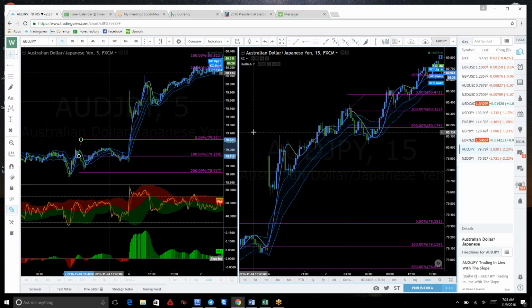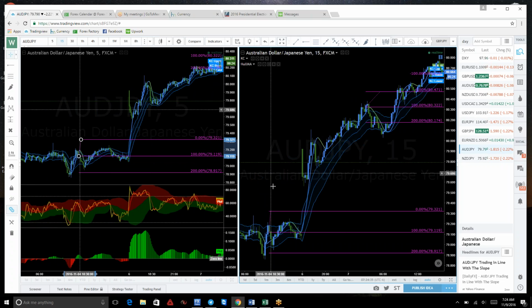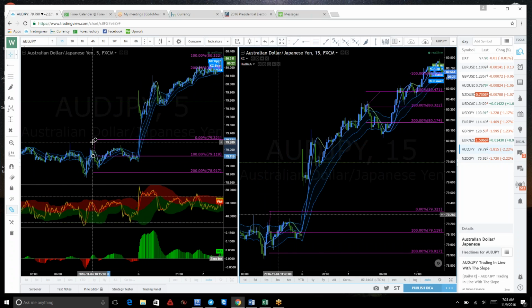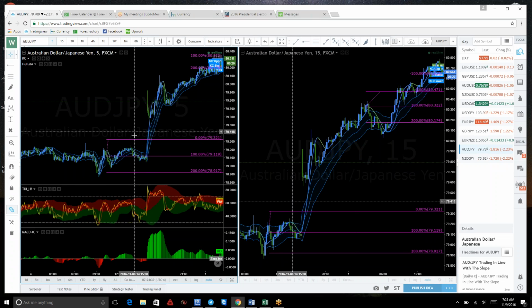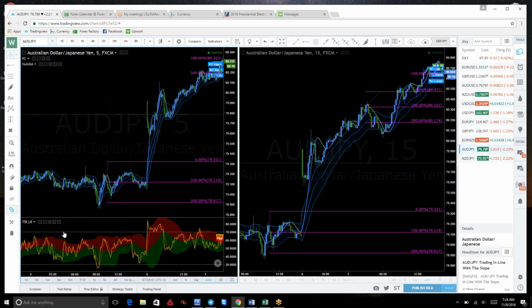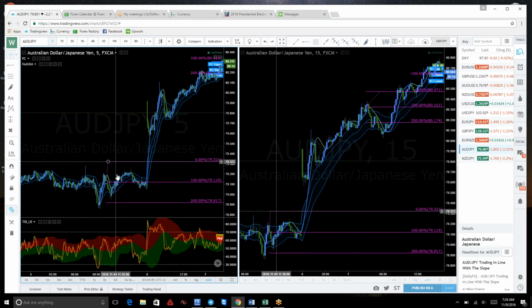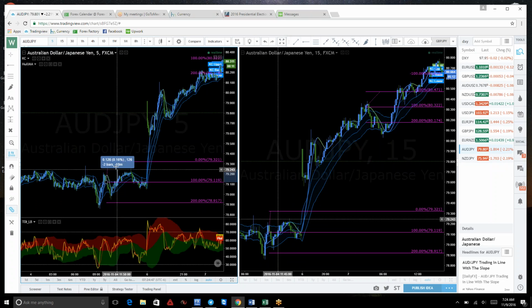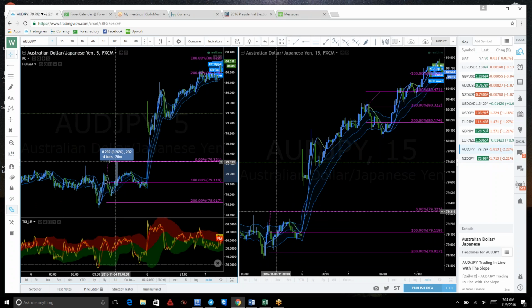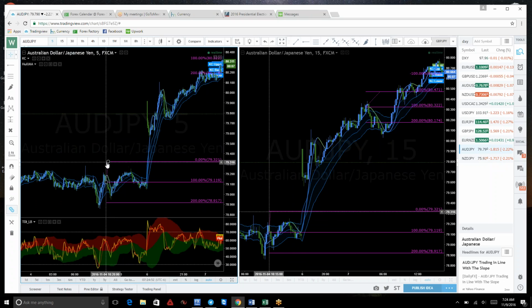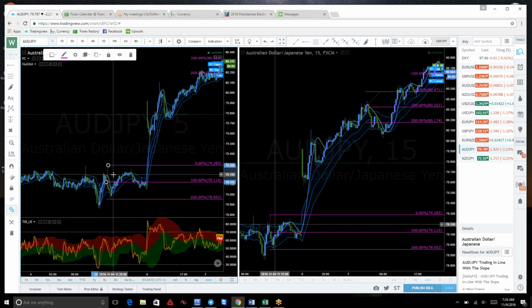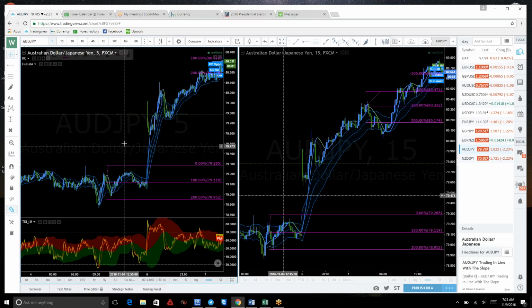Let's see, where's the Keltner channel? Get rid of some of the stuff so we can see. This would have been an example of needing the Keltner channel. So that's about 15 pips.